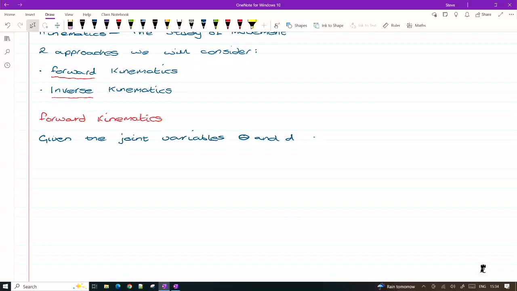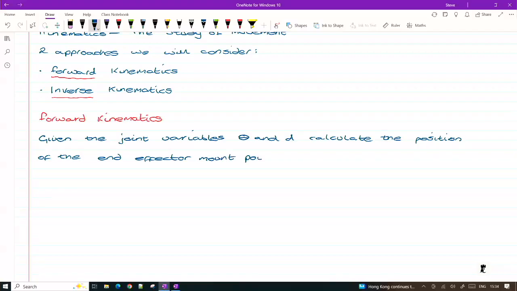So given the joint variables, calculate the end effector mount point.